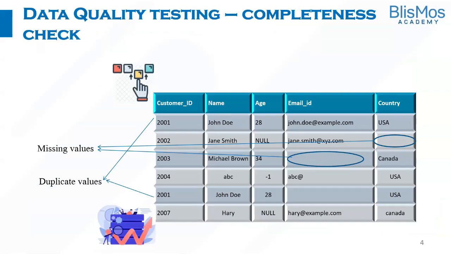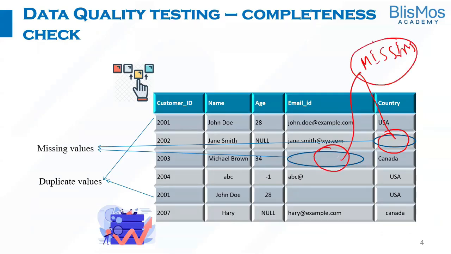Take an example. As a part of the data completeness check, we'll see if there are any missing values. If there is a missing value, then the data is not complete, right? And we'll also check whether there are any duplicate values.